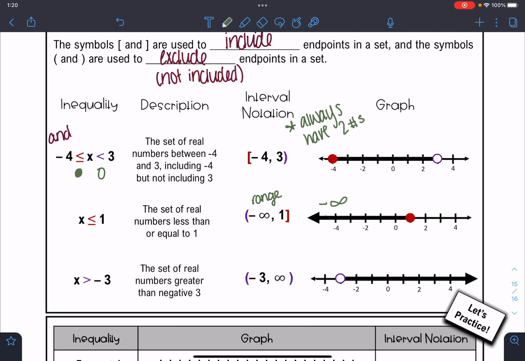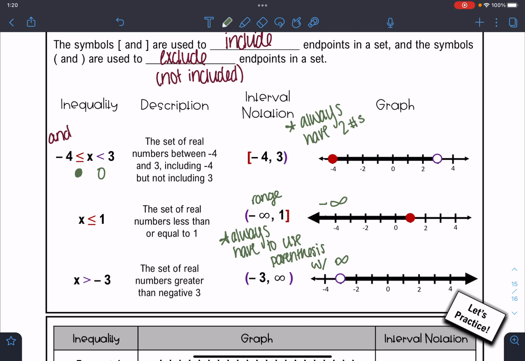But here's what's interesting: this is something that is always true, you always have to use parentheses with infinity. That is because infinity is something that can't be captured, right? You can't be exactly at infinity because infinity is something that is moving on forever.